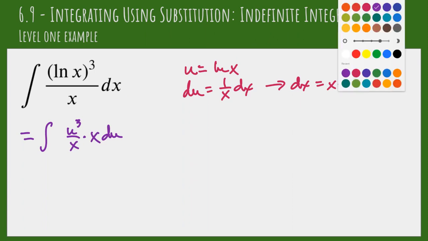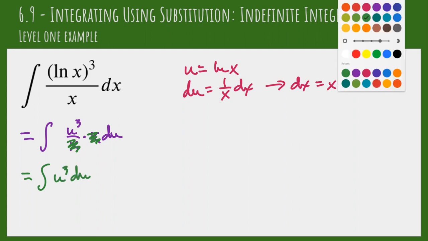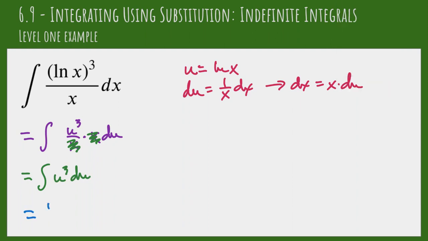And as long as we've made a good choice for our u, when we take the derivative, we're going to get an expression that's going to cancel out the rest of the x's. So this is going to be the antiderivative of u cubed with respect to u. Then we take the antiderivative. So it's going to be u to the 4th over 4 using the reverse power rule plus c.